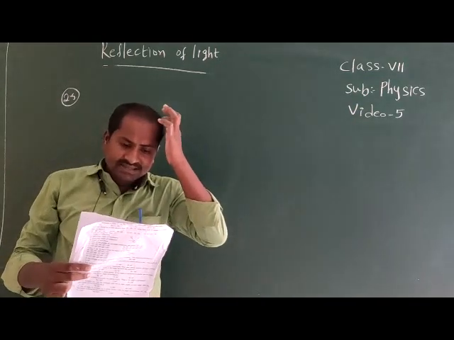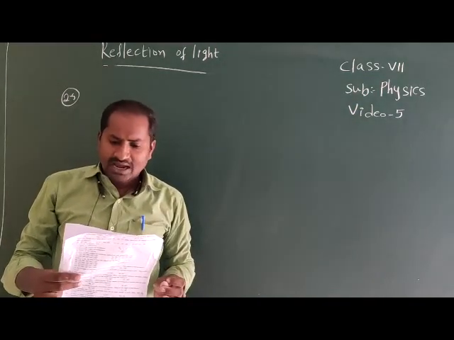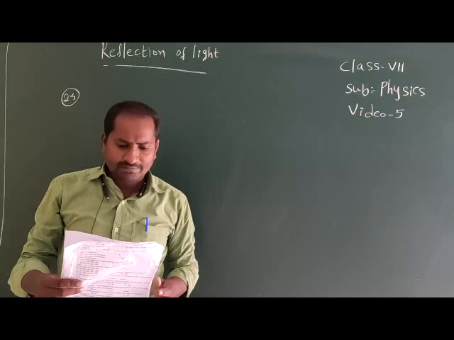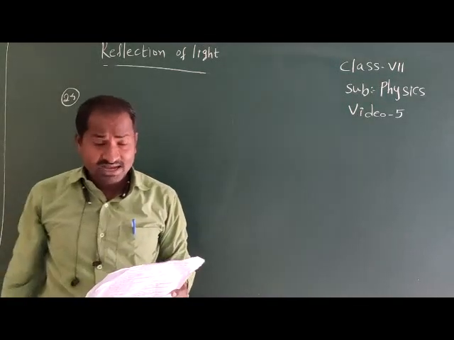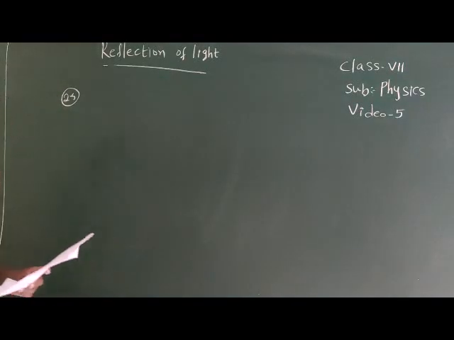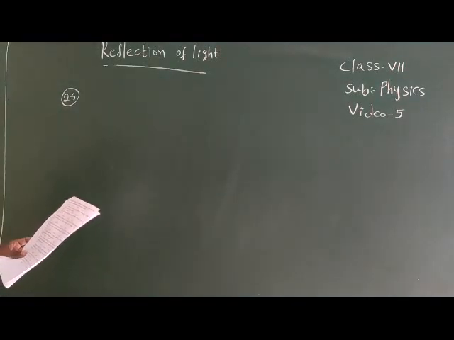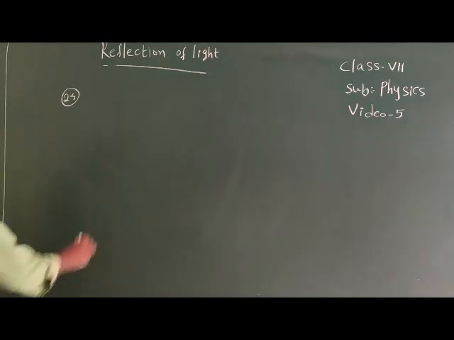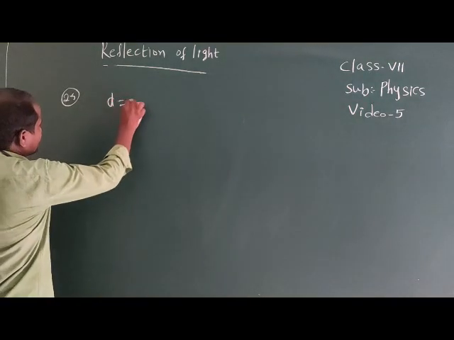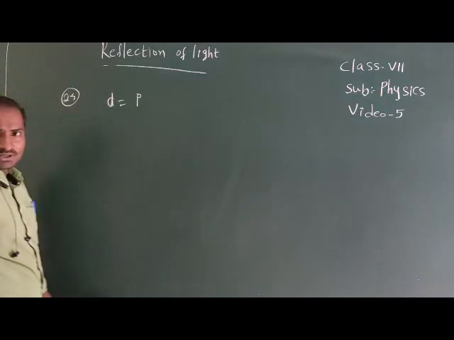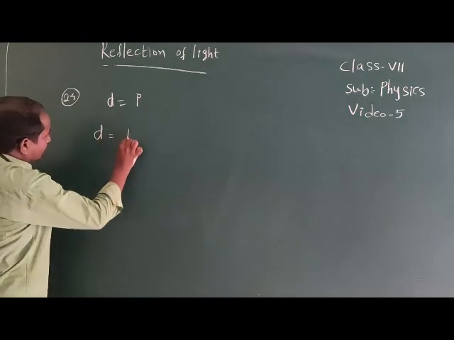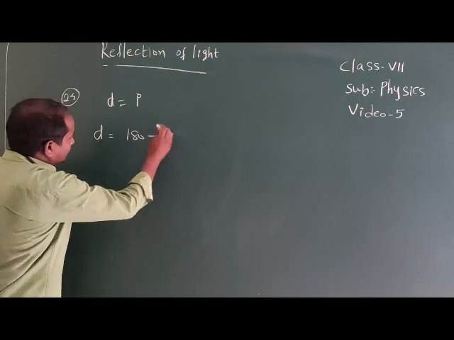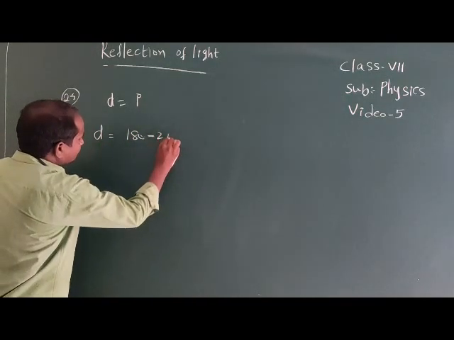A light ray is incident on a plane mirror, and the angle of deviation equals the angle of incidence. Then what is the glancing angle of incidence or glancing angle of reflection? So what is the given data here? Angle of deviation D equals the angle of incidence, that means D equals i. We know that D equals 180 minus 2i.